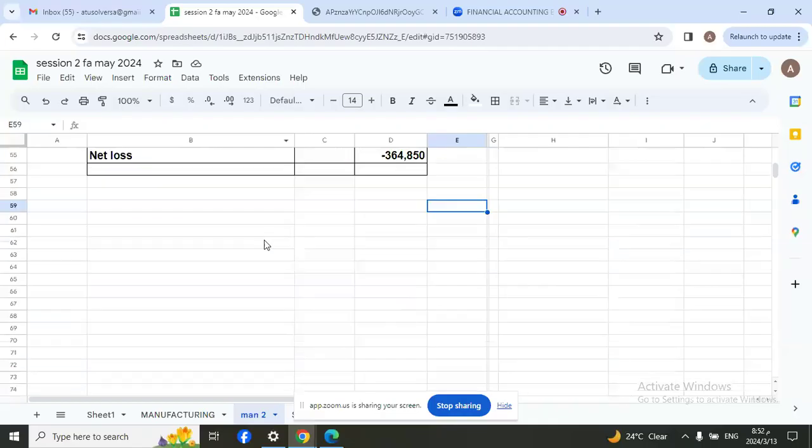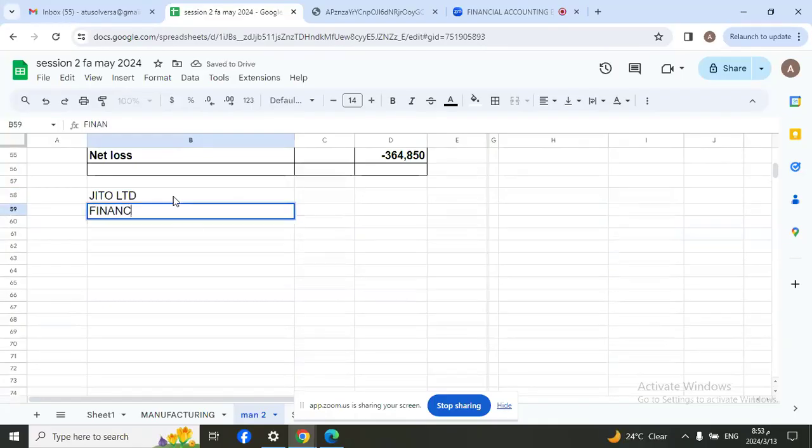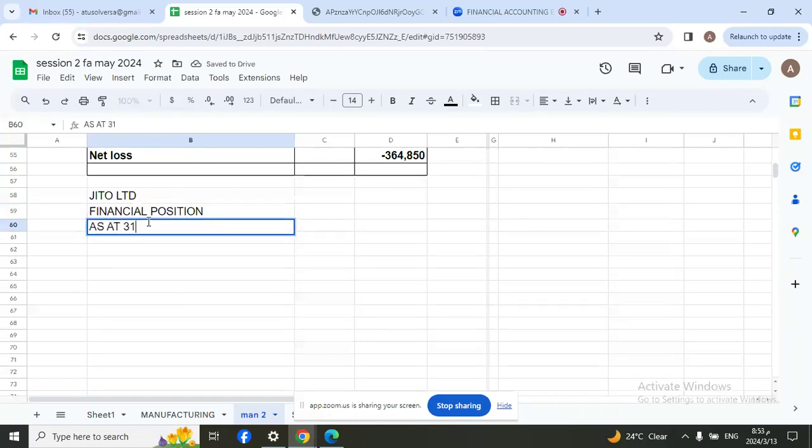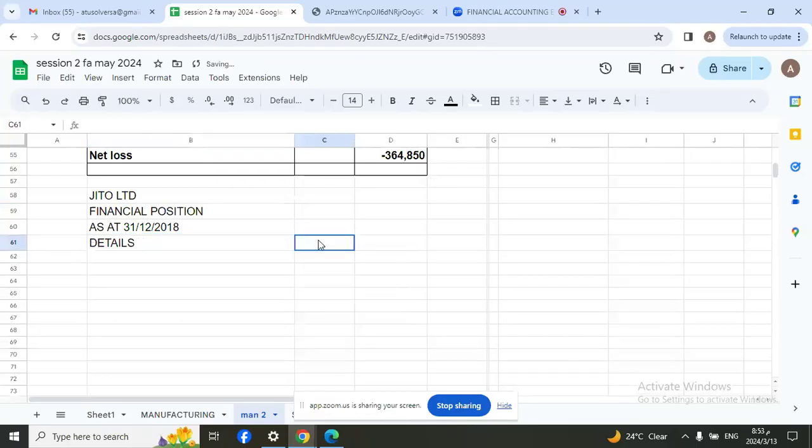So we come, we say, Jito Limited statement of financial position as at 31st of December 2018. Details. Cost.